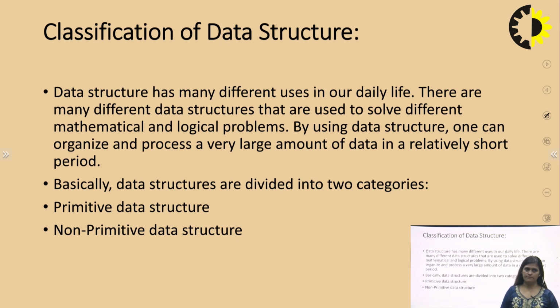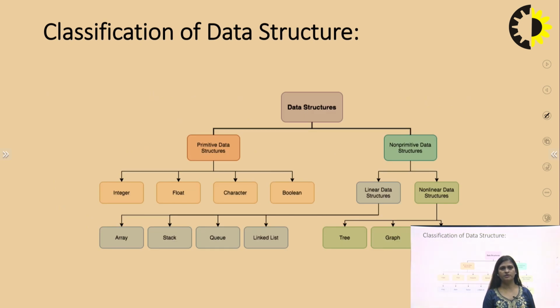Basically, data structures are divided into two categories. The first one is the primitive data structure and the second one is the non-primitive data structure. We briefly explain with this diagram, where we show the different types of data structure. First of all they are divided into two types, primitive and non-primitive. Primitive data structures are categorized into four things: integer, float, character and boolean.